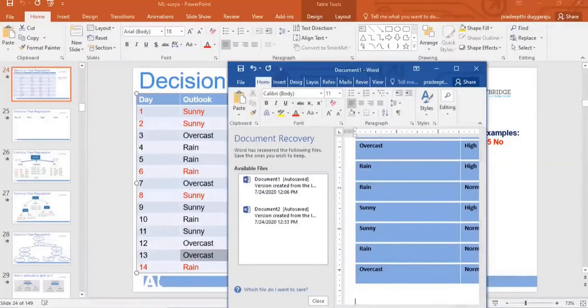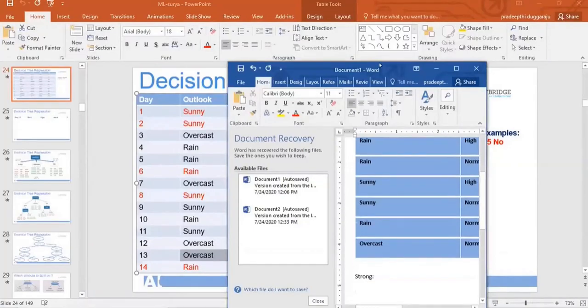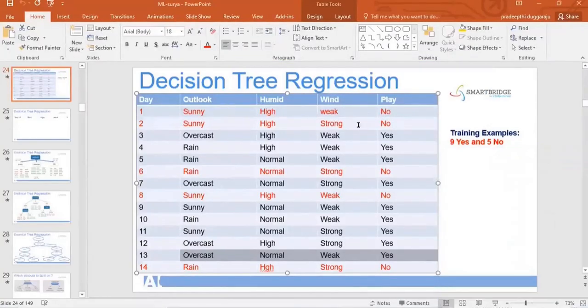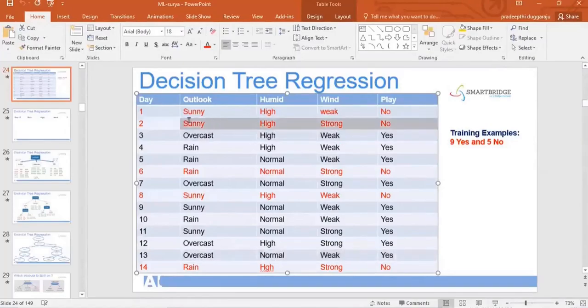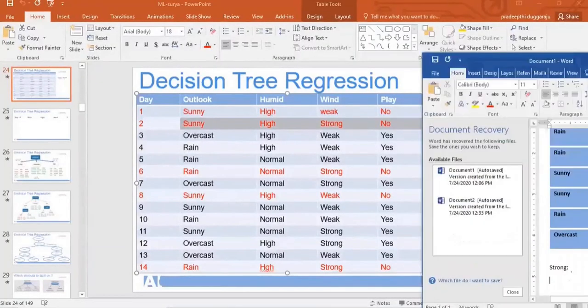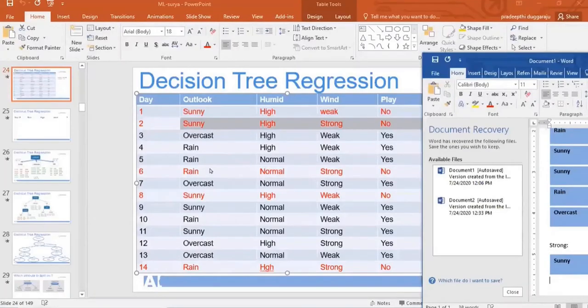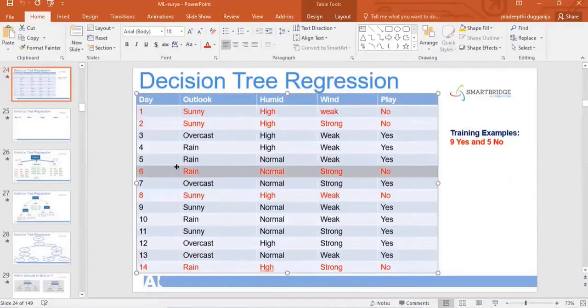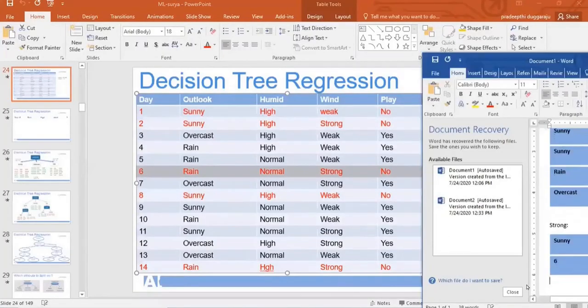Weak. Okay, now let's talk about strong. So how many observations are there for strong? So this is 1 observation. Strong. Strong.